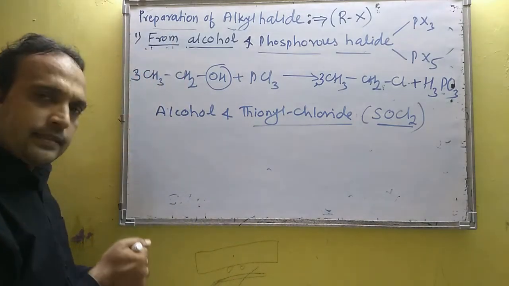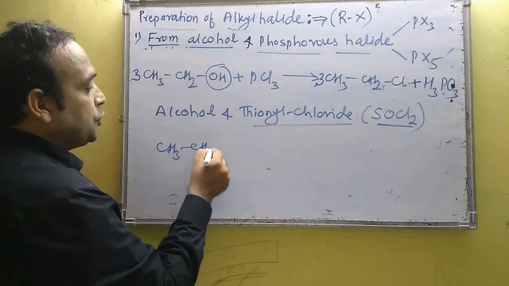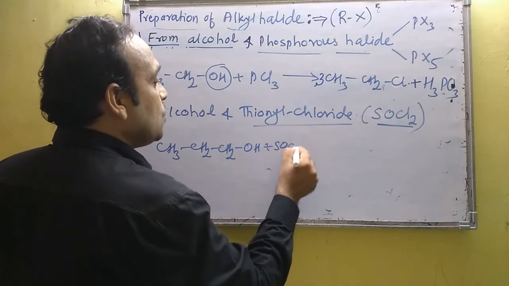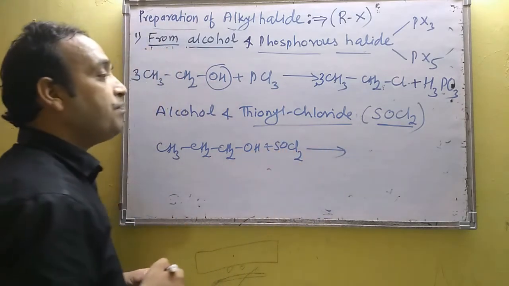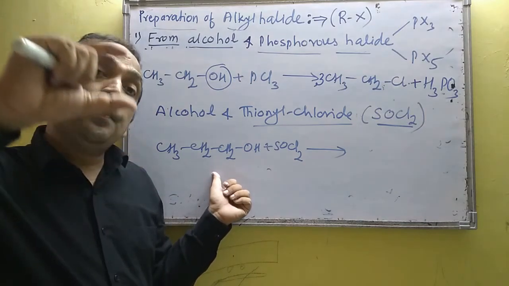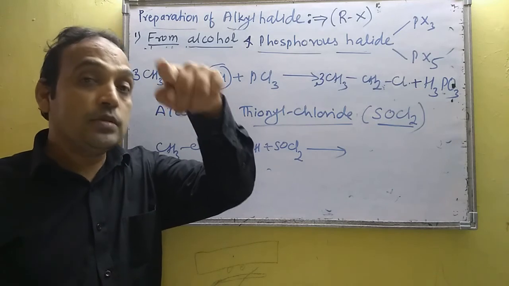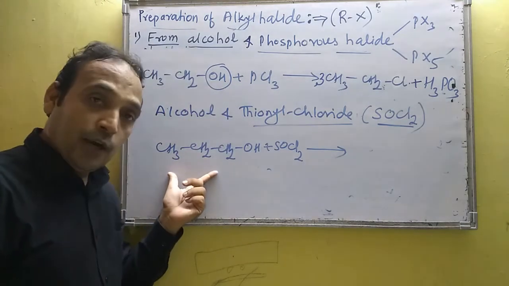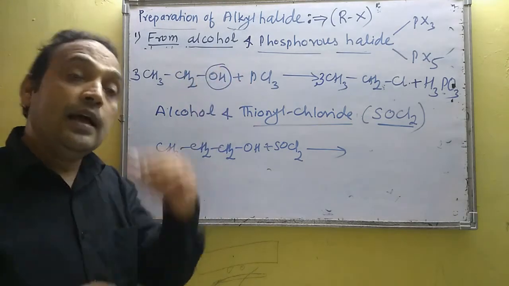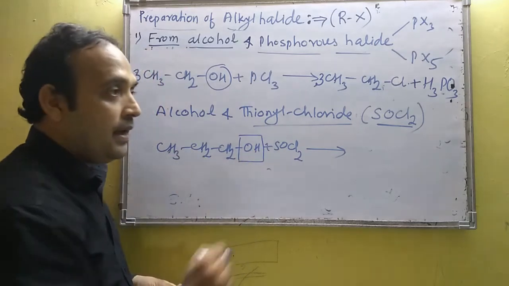Now take any one example. Suppose CH3CH2CH2OH plus SOCl2. Generally, thionyl chloride converts straight chain primary alcohol to alkyl halide. Try to remember this. Here OH is replaced by Cl.